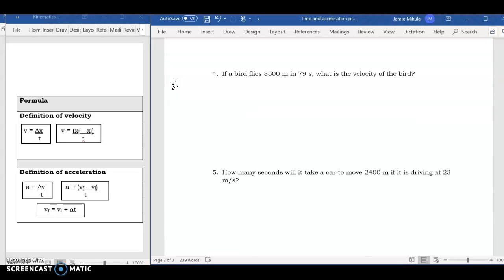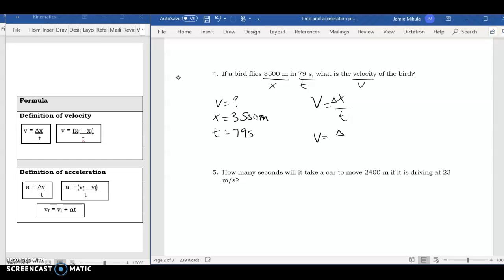Okay, number 4, if a bird flies 3,500 meters in 79 seconds, so here you have a distance, here you have a time. What is the velocity? So we don't know that. X is 3,500 meters. T is 79 seconds. Same formula.